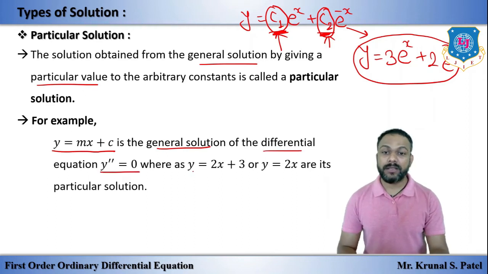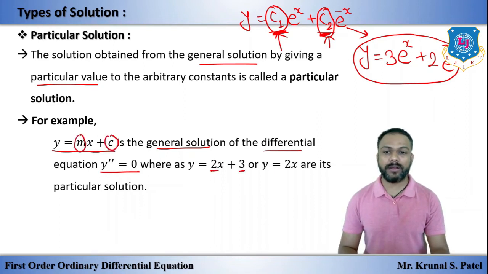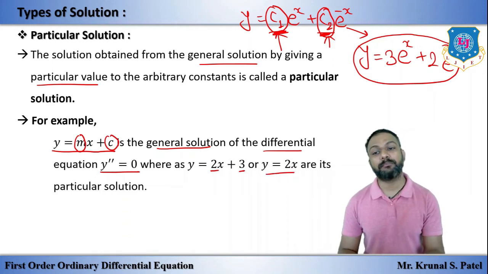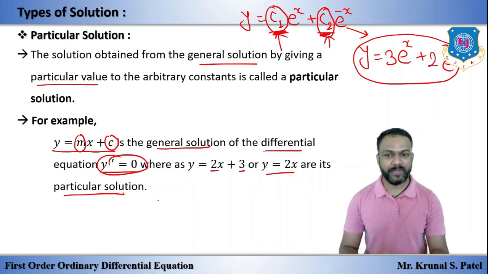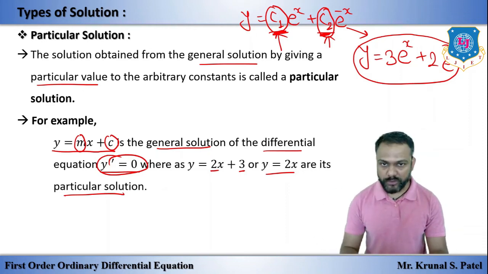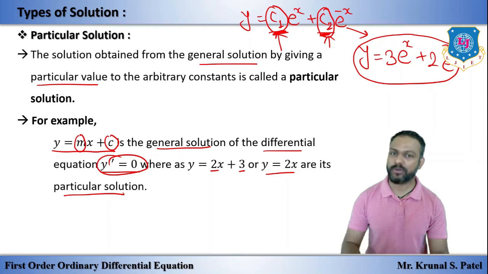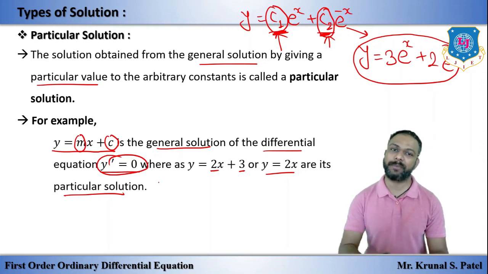If we put the values of m and c as 2 and 3, or m is equal to 2 and c is equal to 0, these are particular solutions of this differential equation. So we have two types of solution: general solution, which contains arbitrary constants, and particular solution, which contains particular values of the arbitrary constants.